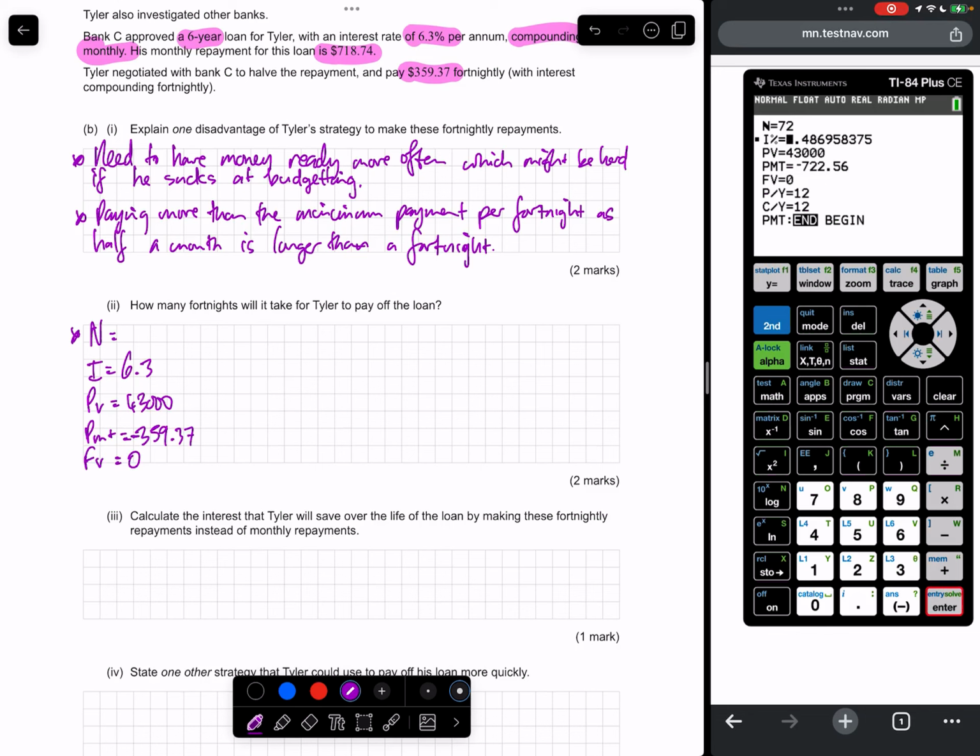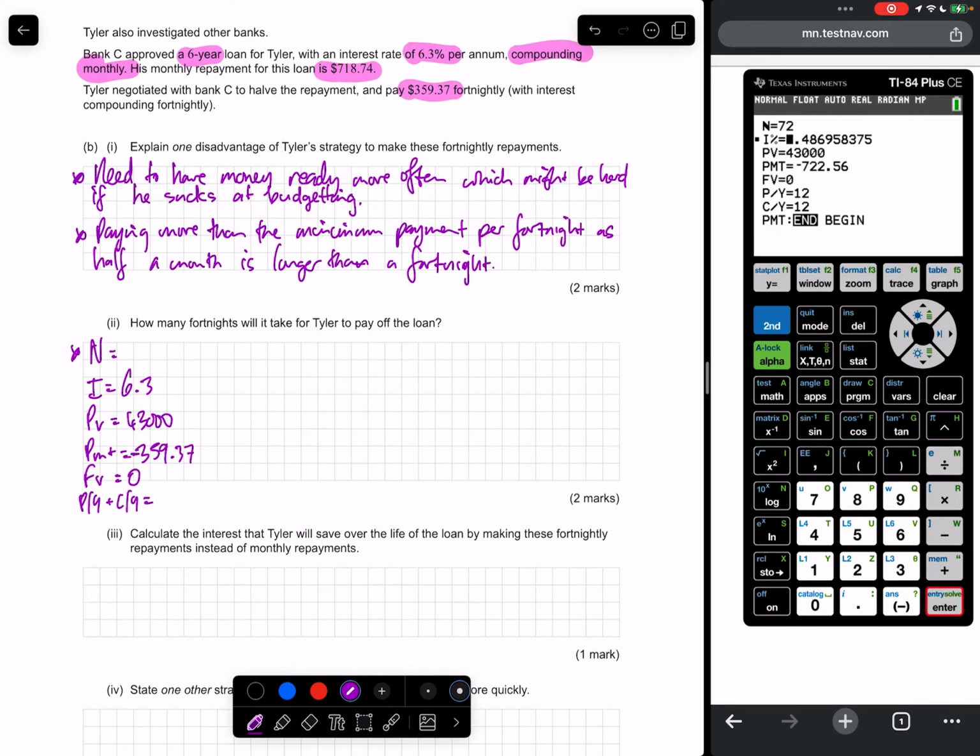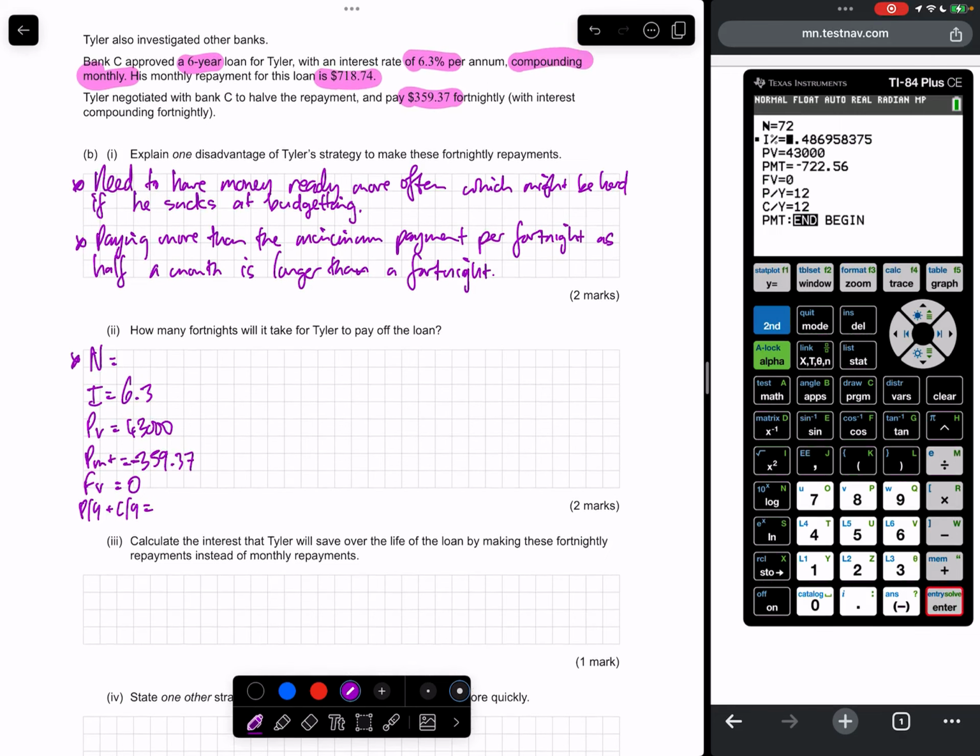FV, end of the loan, you want it to be 0, PY and CY. Interest is compounding fortnightly. That's interesting. So to be able to make sure PY and CY match here, they've made it both compounding fortnightly, even though you don't really get to tell the bank how often to compound.